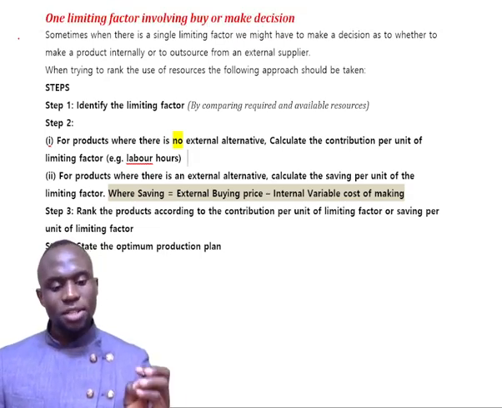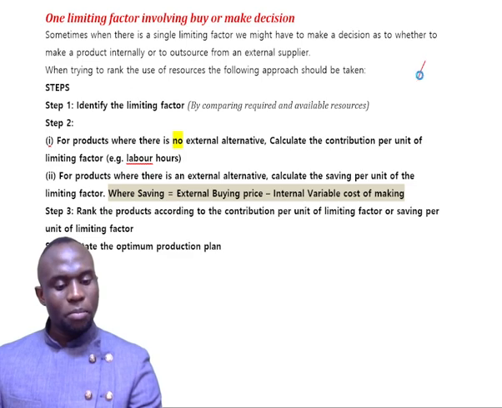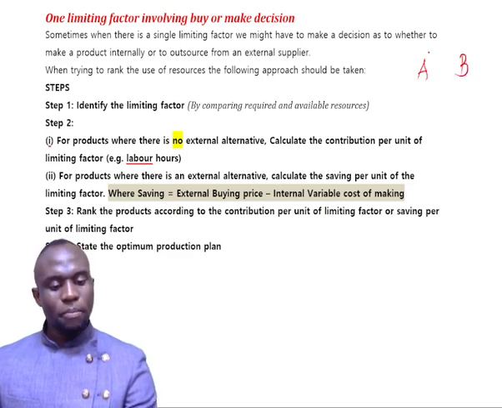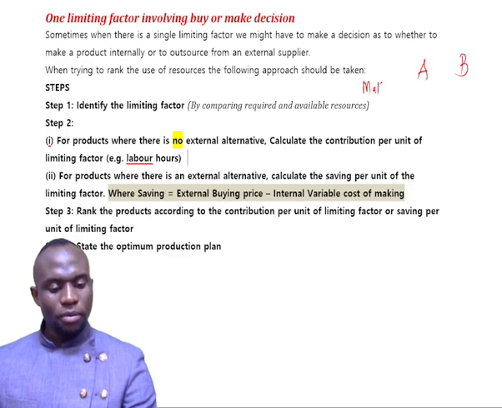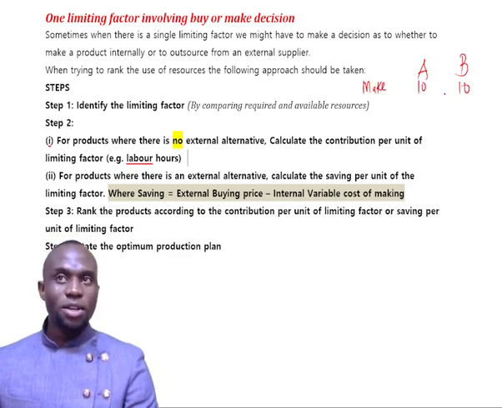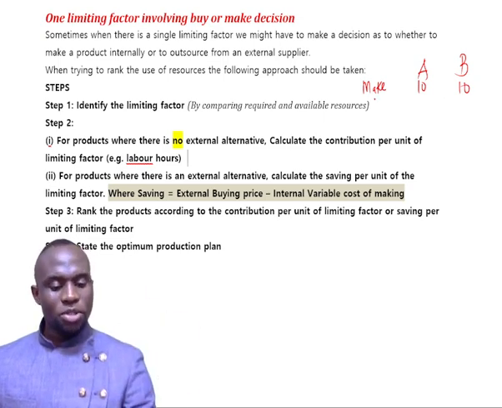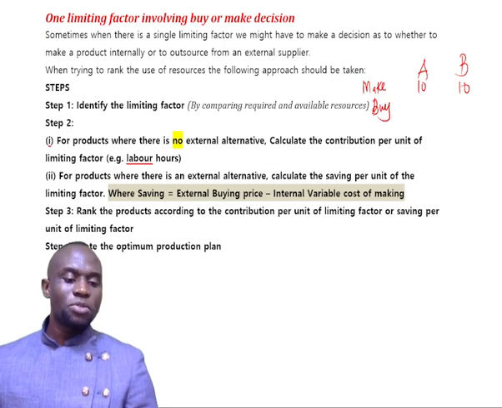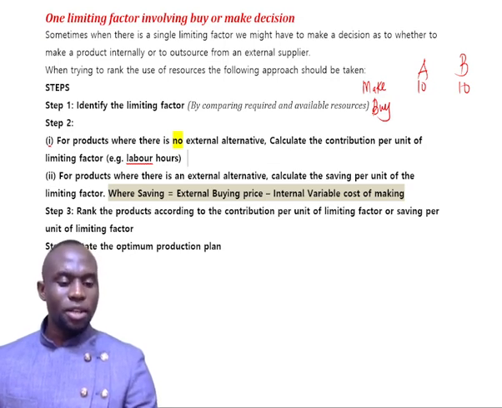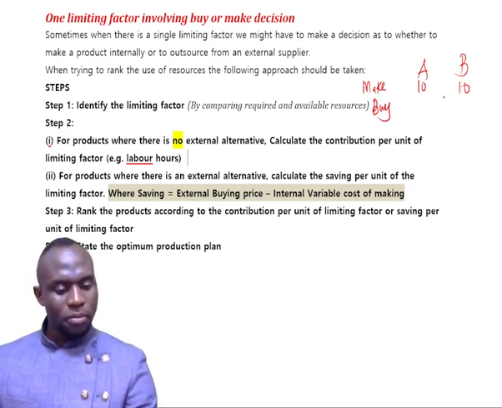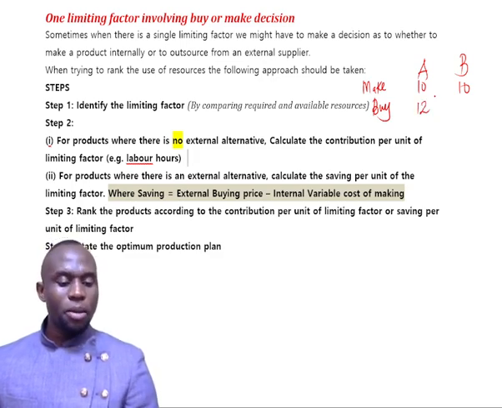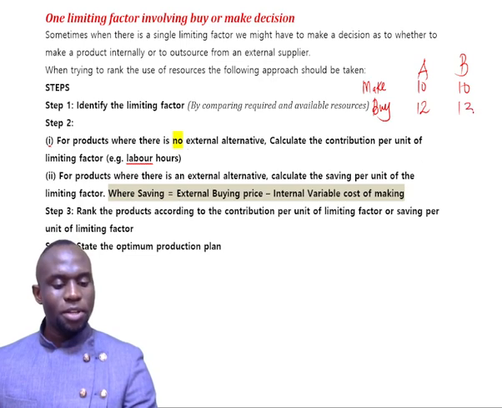What we mean is this: maybe you're making product A and product B. If you make them, the cost of making is $10, it is also $10. But if you're buying from outside, you can buy product A at maybe $12, and you can buy product B at maybe $13.